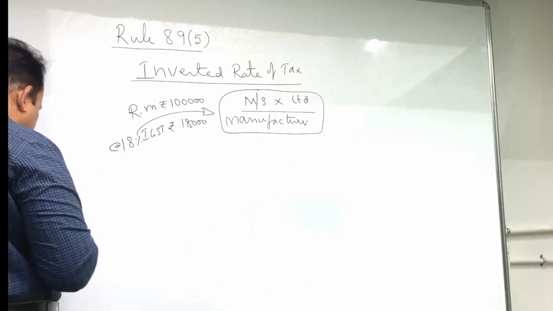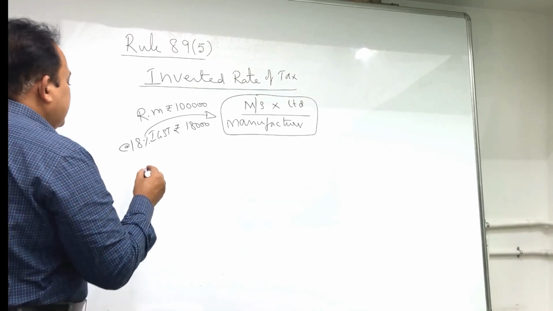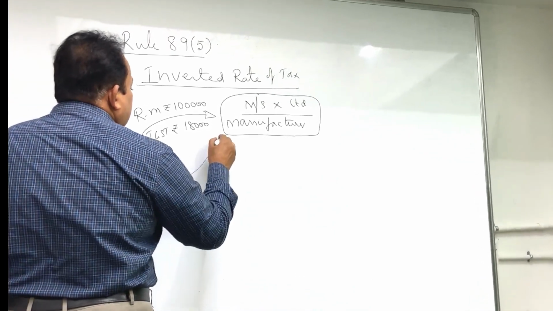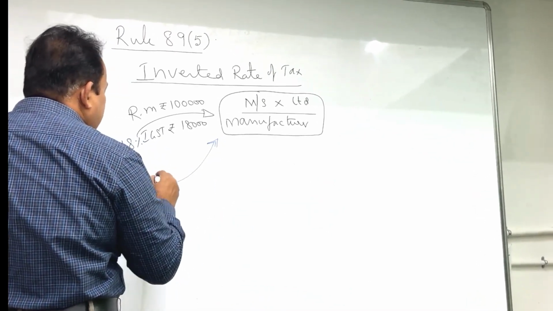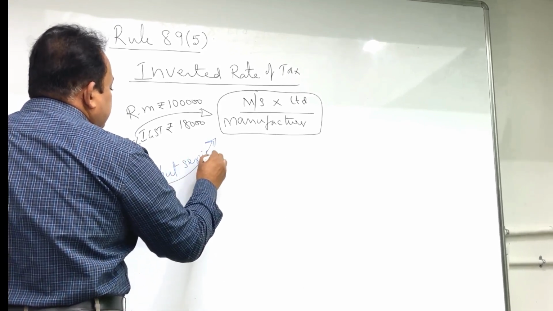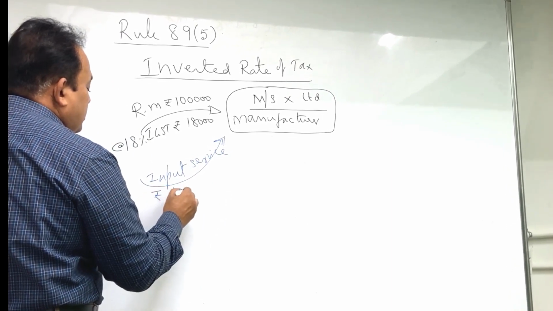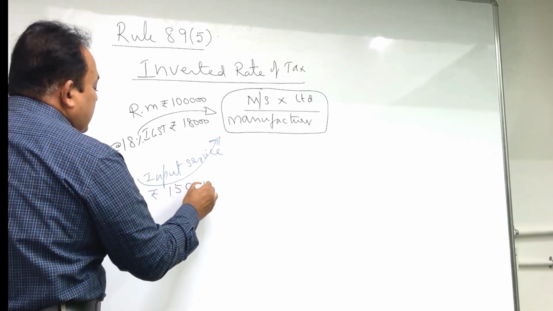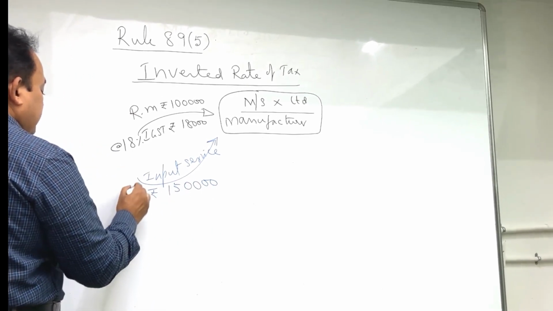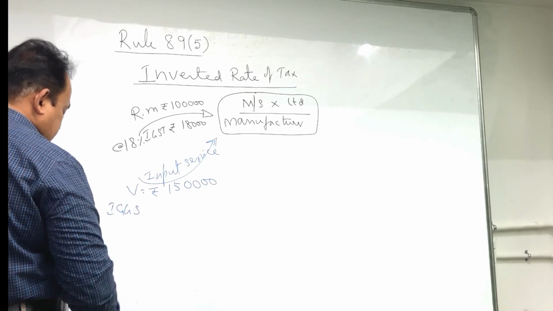And also they procured input services, where the value is 1,50,000, then IGST.